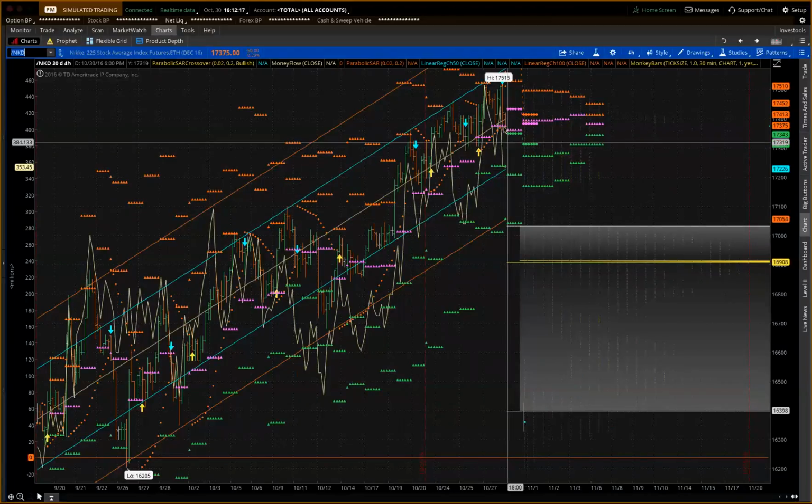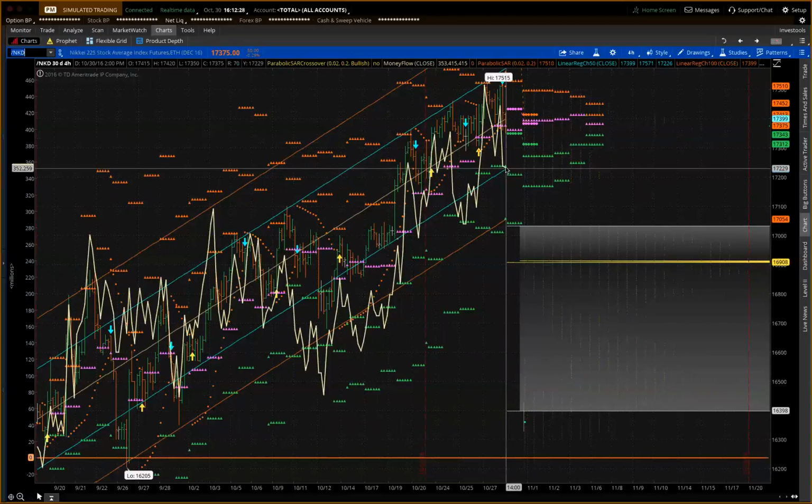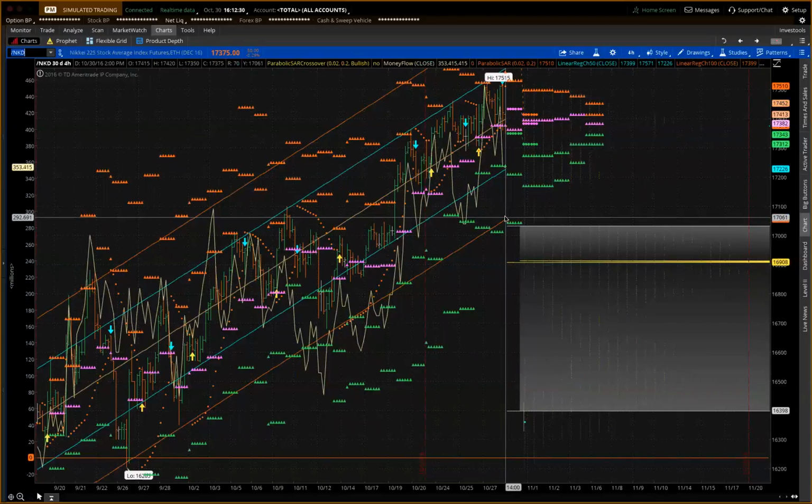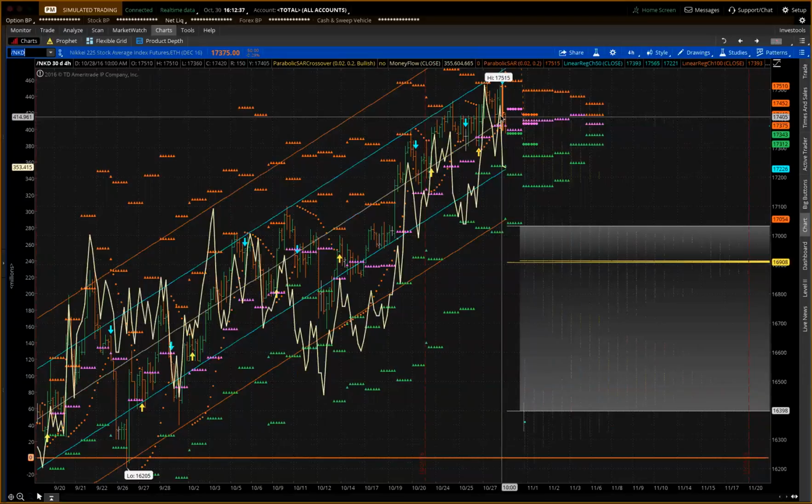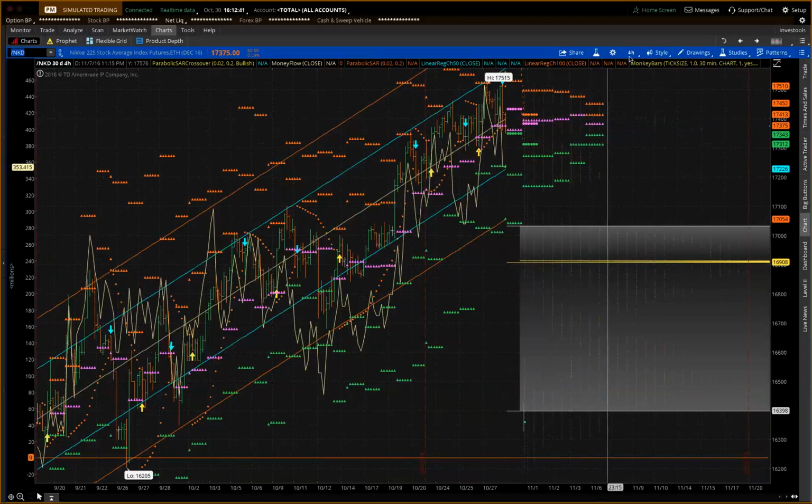So that's about 450 pips, and that's $5 a tick, just like the Dow. Yeah, that'd be nice there. 17,250, and then 17,150, 17,050. Okay, on the Nikkei. Nikkei's nice. It's Asia. It's open.